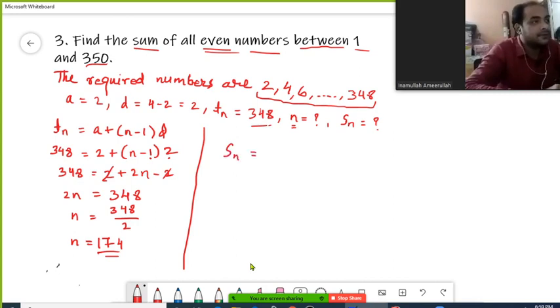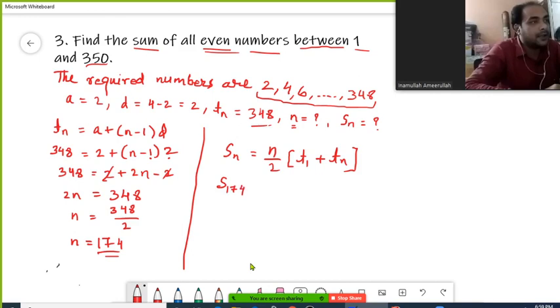Sn is n by 2 into bracket T1 plus Tn, because the first and last term of the given arithmetic progression are known. So here I'll take Sn. The number of terms is 174.